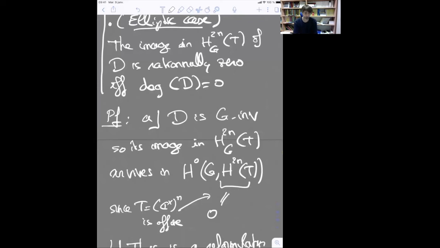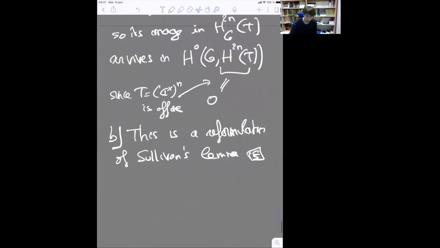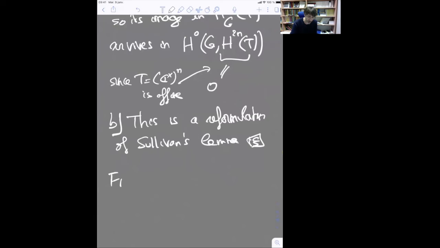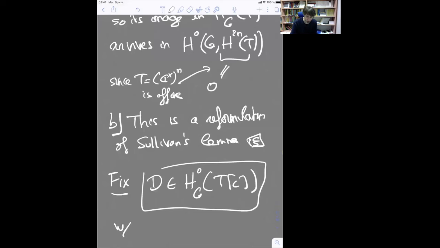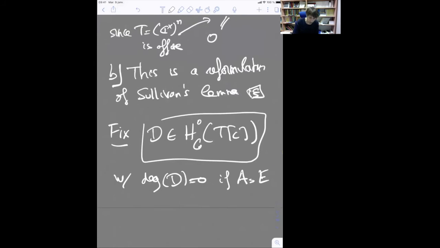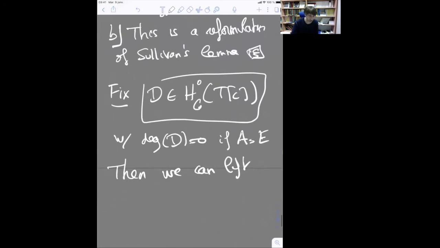And so in the end, if we fix some divisor, so let me fix one, with, of course, degree of D equals 0 if we are in the elliptic case, then we can lift D to the equivariant cohomology of degree 2n minus 1 of T minus TC.